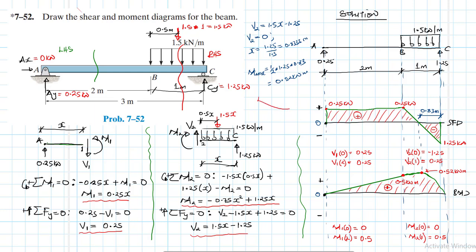When the beam is bending like so, the bottom fiber is in tension and the top fiber is in compression. So we want a convention that follows the way the beam bends. Whichever method you follow, it is still correct. It doesn't really matter as long as you know what you're doing.